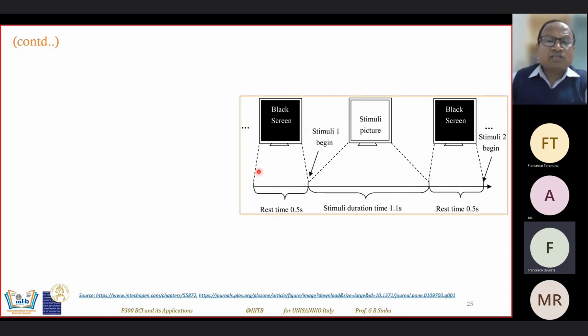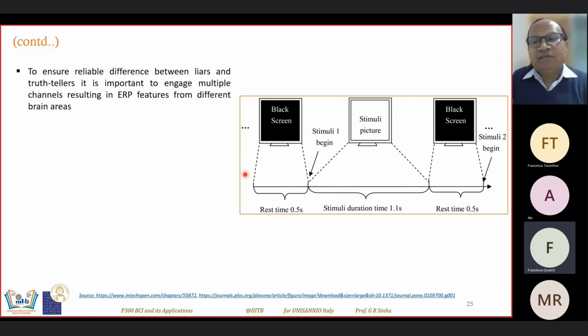This is one example: a black screen for resting time of 0.5 second, then the stimulus begins and some picture is shown, and after a certain amount of time something else will be shown. So this is something which is displayed, or some character will be displayed, and wherever he finds something irrelevant, the response will be recorded.